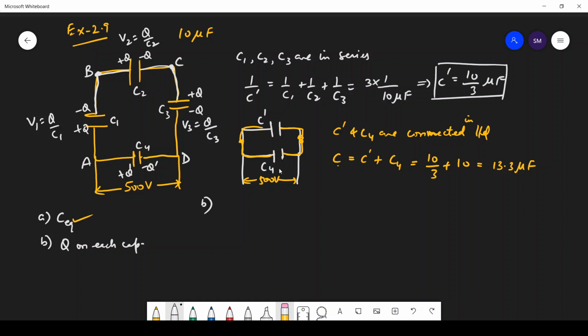So the net drop: 500 volt in parallel, so 500 volt across this capacitor and 500 across this capacitor. So this 500 will be divided among C1, C2, C3. V is equal to V1 plus V2 plus V3. This V is 500 volt, and that's equal to Q by C1 plus Q by C2 plus Q by C3.